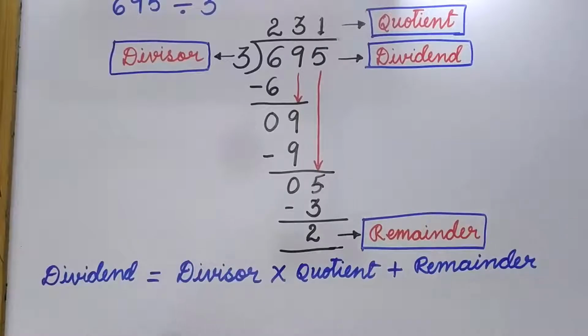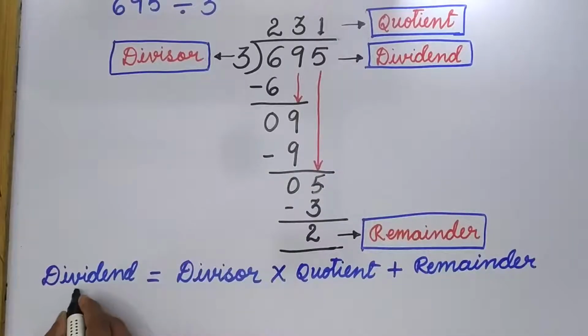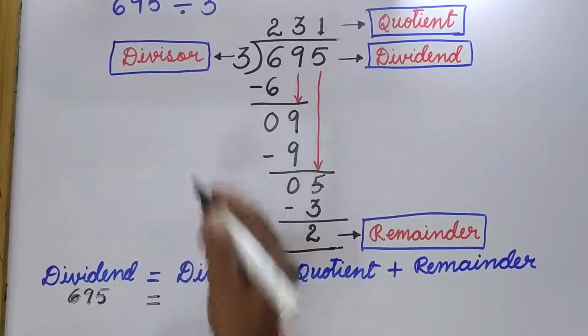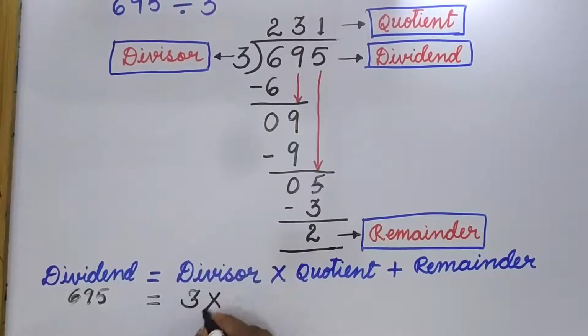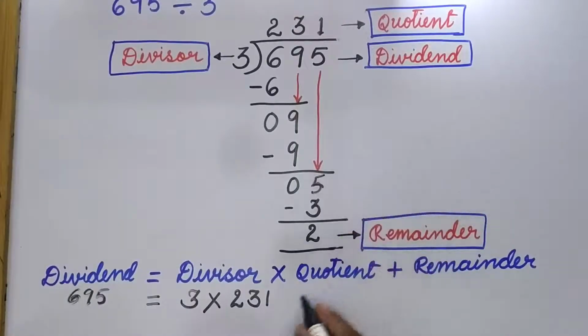So dividend is equal to, what's the dividend? Let us have a check here. Dividend is 695. Divisor how much? We have divisor 3 into, what is the quotient? We got 231 plus remainder. What is the remainder? Here we have 2. Okay, so let us multiply these two first. How much do we get?